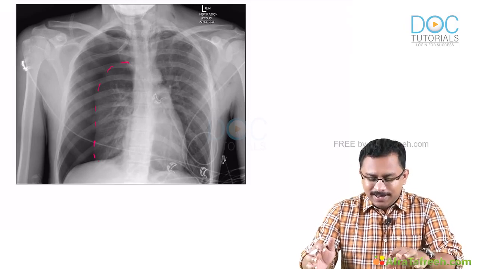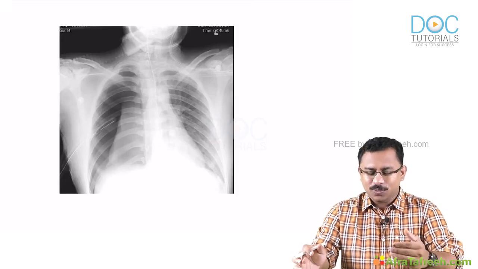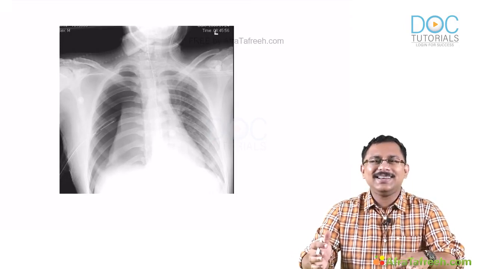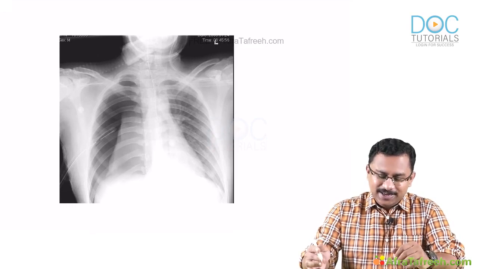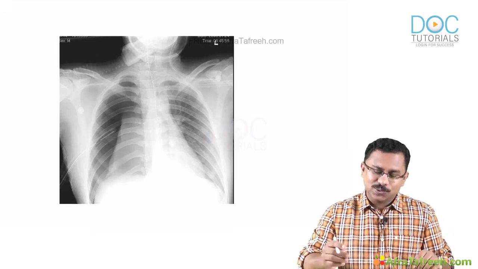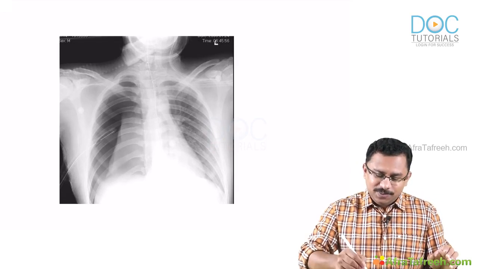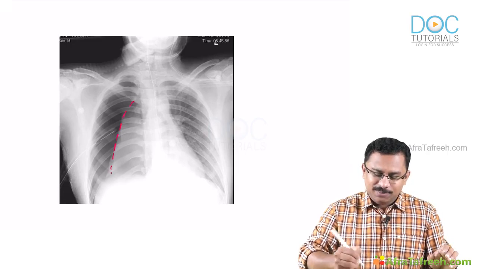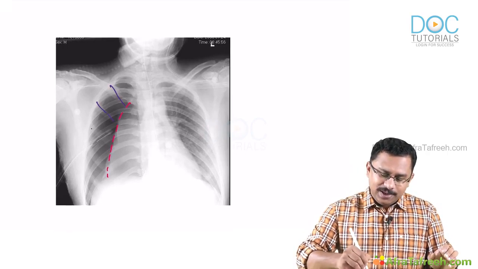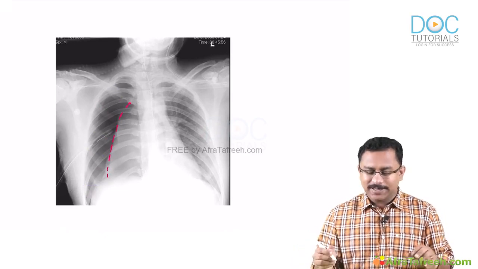Now another named sign in pneumothorax. Can you find out where the pneumothorax is? Is it on the left side or right side? This again is a right-sided pneumothorax, and I showed you this picture to show you a particular sign. First of all, I hope you appreciated the collapsed lung borders here, and that the bronchovascular markings are not there.